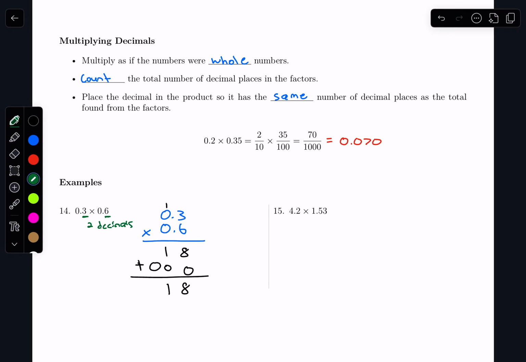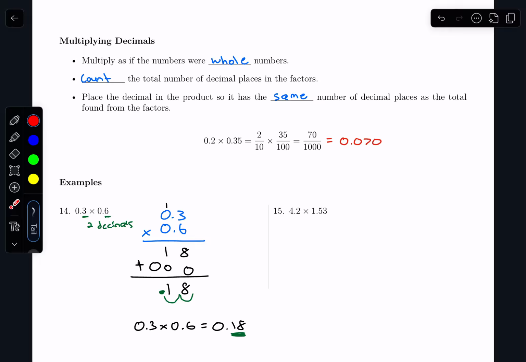So all I'm going to do is go to that 18 at the bottom, and make it 0.18 by putting my decimal spot so that there are two digits behind the decimal place. So I can then conclude that 0.3 times 0.6 is 0.18, where again, my product here has two decimal places because the original two numbers had a total of two decimal places. All right, let's do this with a couple more decimal places now.